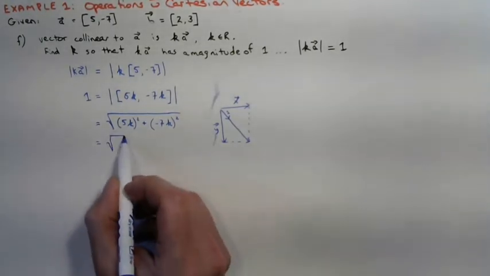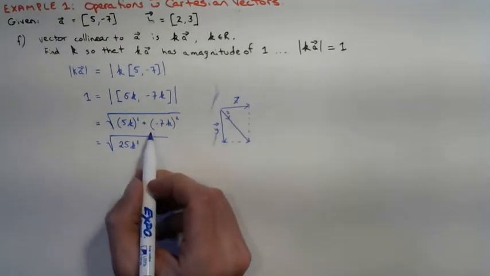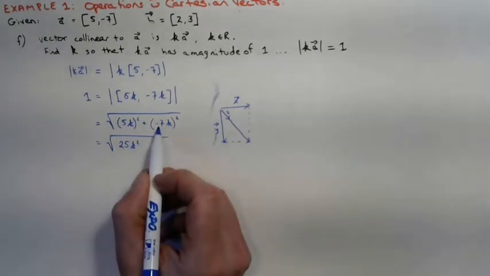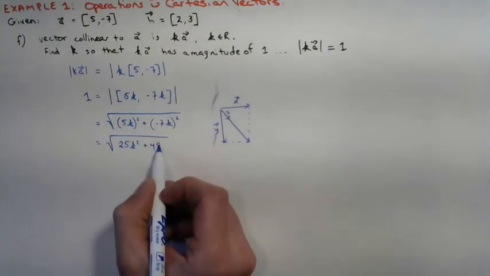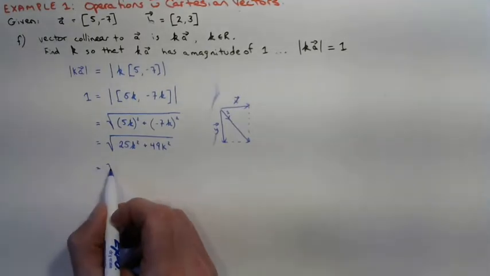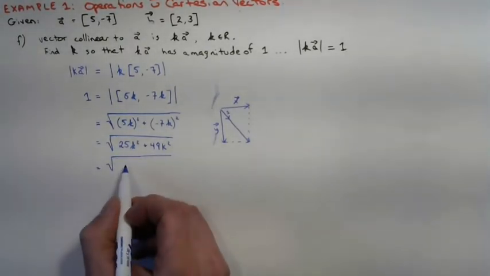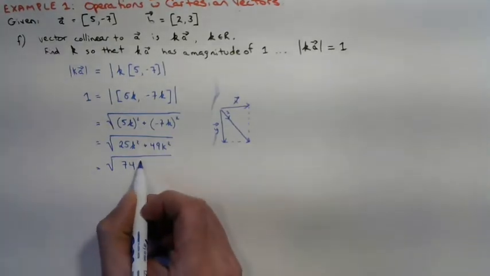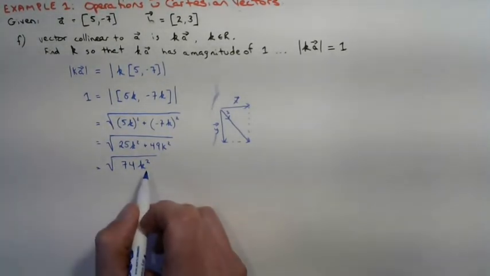So here we have 25k squared, and here we have -7 squared is +49, k squared, plus 49k squared. We can add those up because they are like terms. 25 plus 49 is 74. 74k squared.